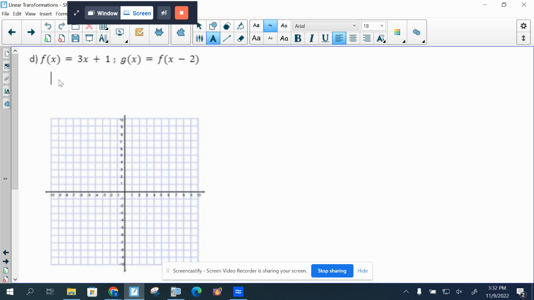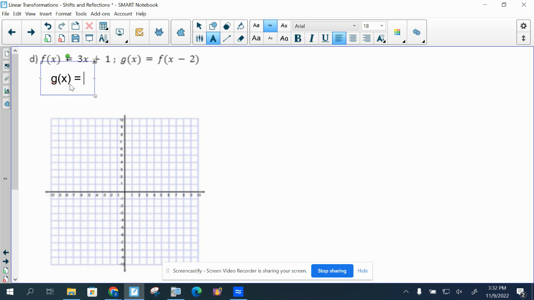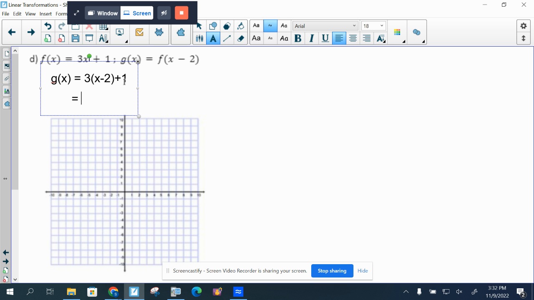And with this one, the equation would be 3 parentheses x minus 2 plus 1. So 3x minus 6 plus 1 would be minus 5. So 3x minus 5.